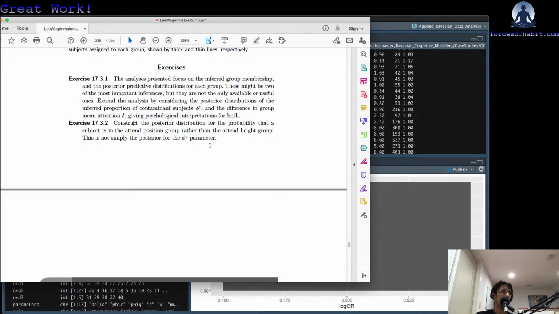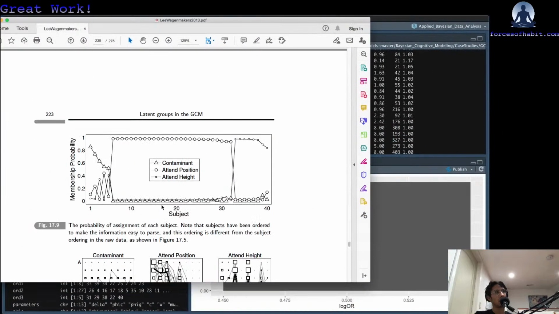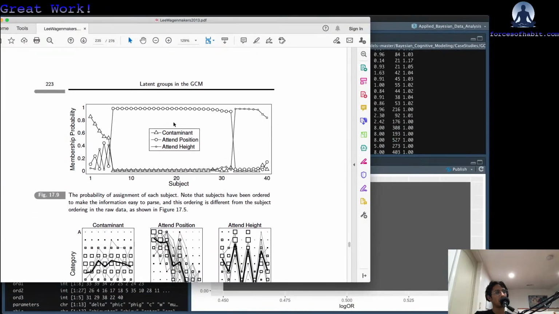So I'm looking at what is the odds of a subject attending to position rather than attending to height. And it's not just the G parameter, which represents the probability of being a part of the height group is higher, or the line group is higher. Line group, right? Line group, yeah.